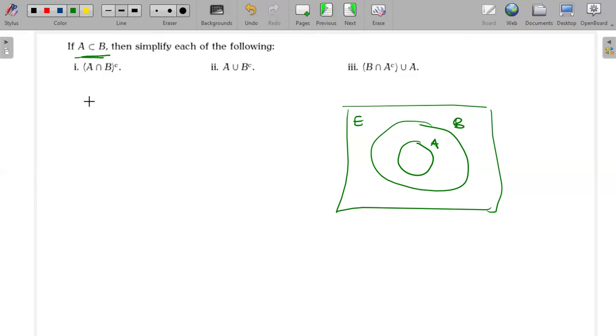They're telling us to find A intersect B complement. So what is A intersect B going to be?